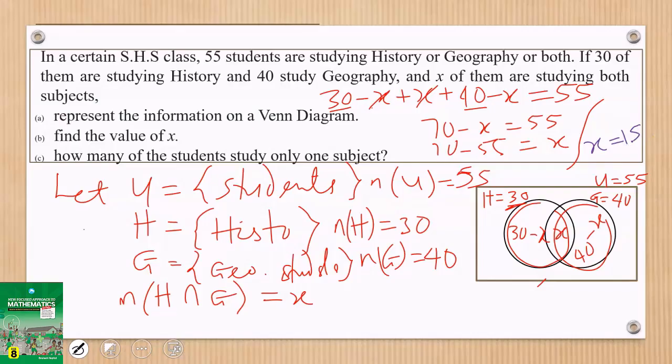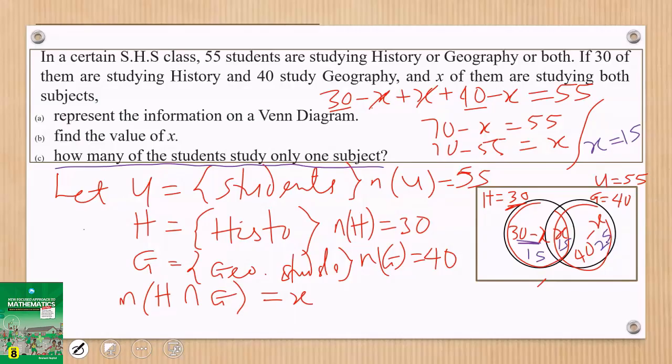Now that we know X to be 15, if the question asks how many of the students study only one subject, all we do is get those who are in a region alone. When I take away 15 from 30, I have 15 here, and here too, 40 minus 15 is 25.